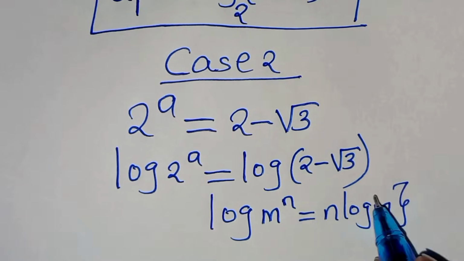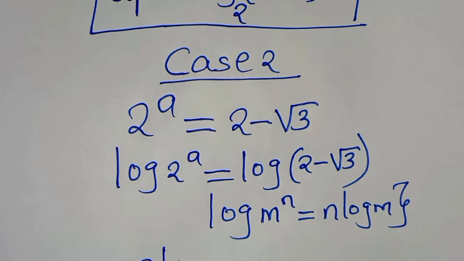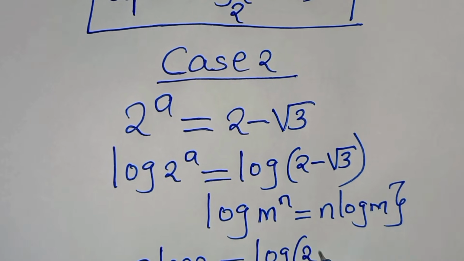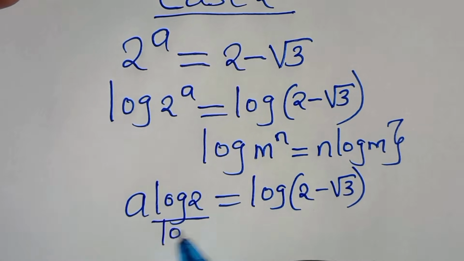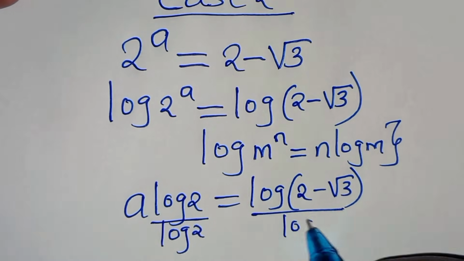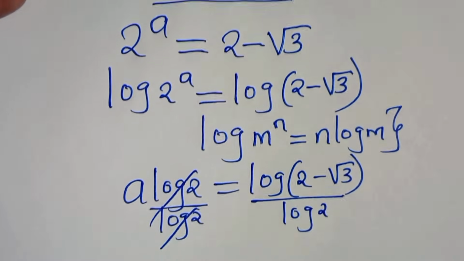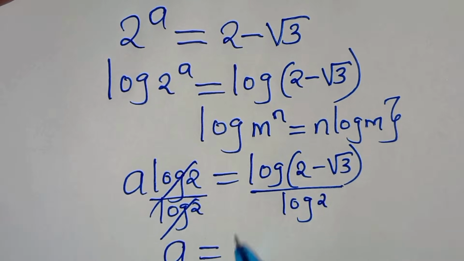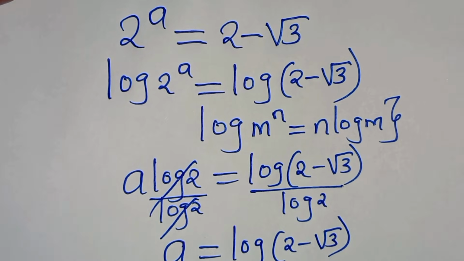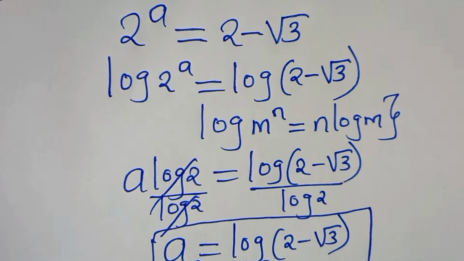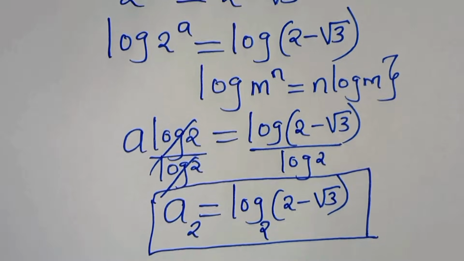Applying this property, we have a log 2 equal to log of 2 minus square root of 3. So let's divide both sides by log 2, and this implies that a is equal to log of 2 minus square root of 3 to base 2. So this is the value of a2. Now let's verify that a1 and a2 satisfy the equation.